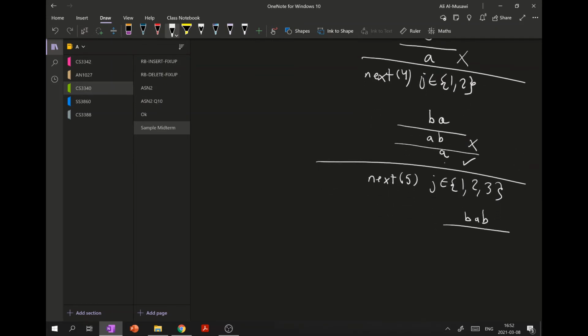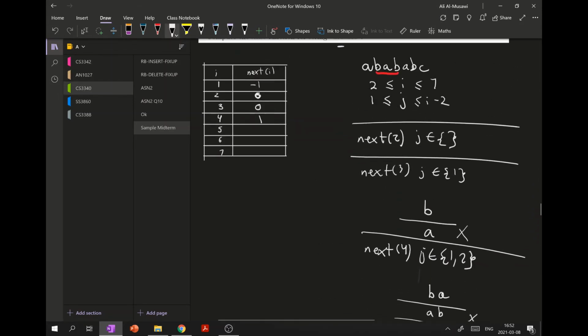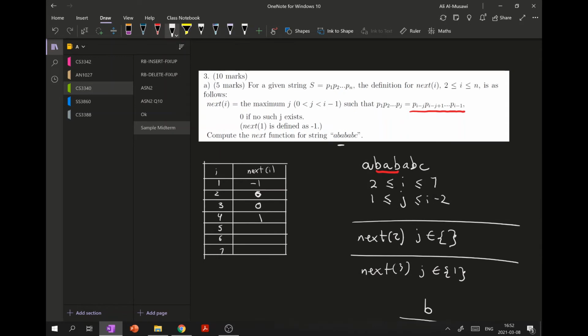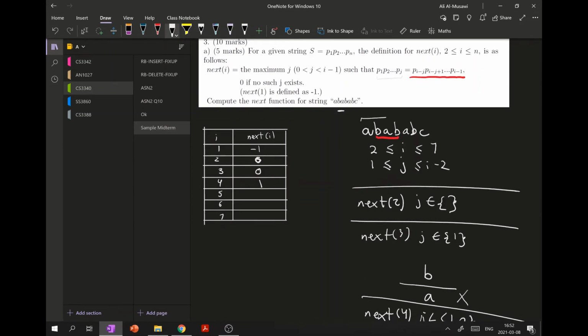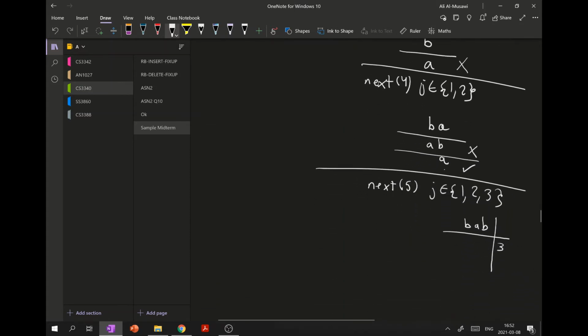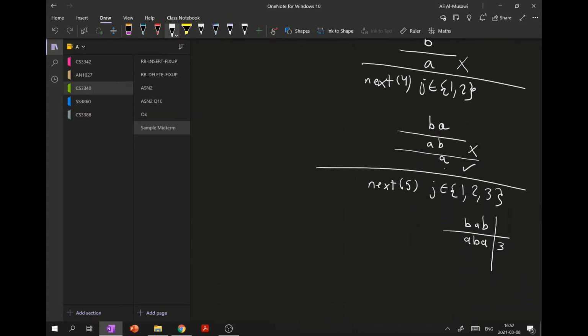Now we start from the max j, so this time I'm going to write them so you can see. So j equals 3. When j equals 3, we have to use the left-hand side, so P1 up to P3. P1 up to P3 is here, ABA. So ABA. There is no match.